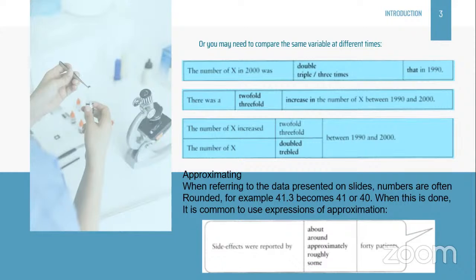It's the same, twofold, threefold. We can say also 100-fold. It will mean 100 times. Is there any other question? Any word you don't understand? No, teacher.